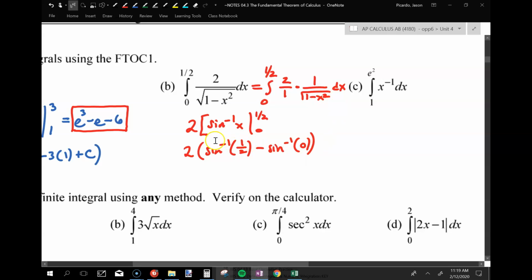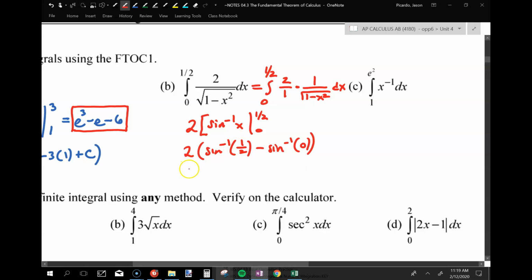And then the next piece here, this is one of the sine values as an inverse that we should know, right? Because the sine of what is 1/2? The sine of 30 is 1/2. Now remember, 30 degrees, we don't do degrees, right? We do radians.